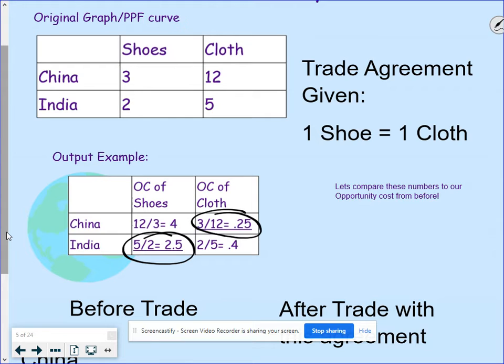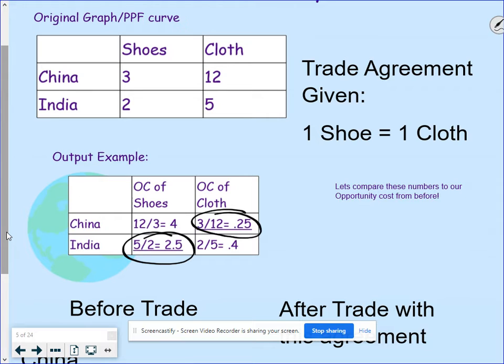Patricio, what's China making again? Cloth. They're making cloth because that's the title of the column here. Maddie, what's India making? Shoes. Andrew, who makes cloth? China. And how many shoes does China have? Let's try that again.